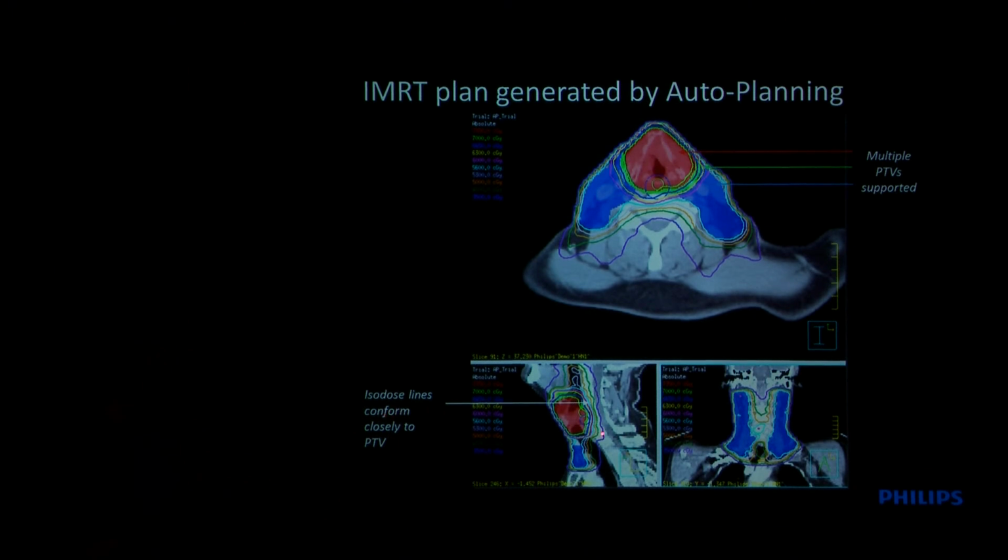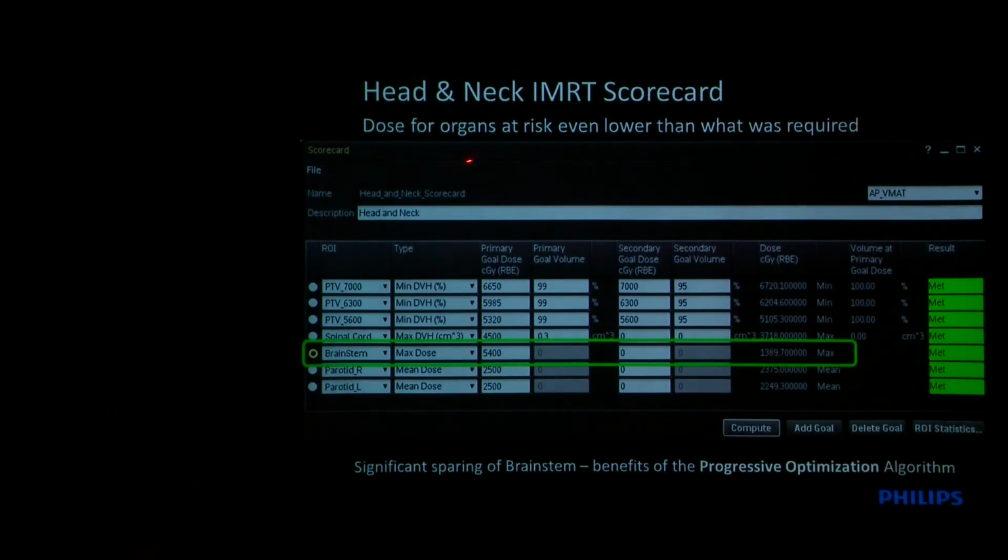You can really see that the isodose lines conform closely to the targets, and the user has much control about how tight they're allowed to conform to the target and how much risk organ sparing is desired. This is an example of a scorecard in Pinnacle where we really have the clinical goals in the scorecard, and in many cases you'll just see met. It's very, very powerful software.